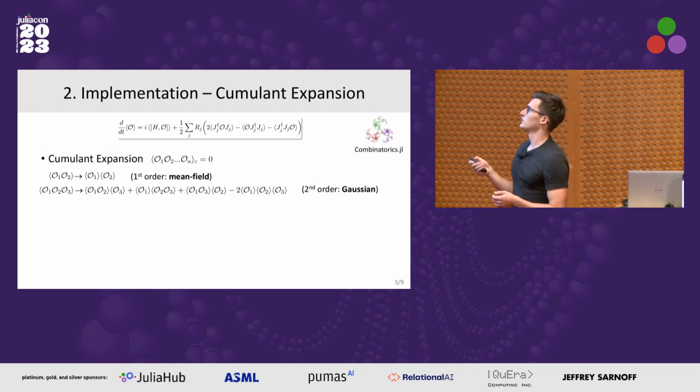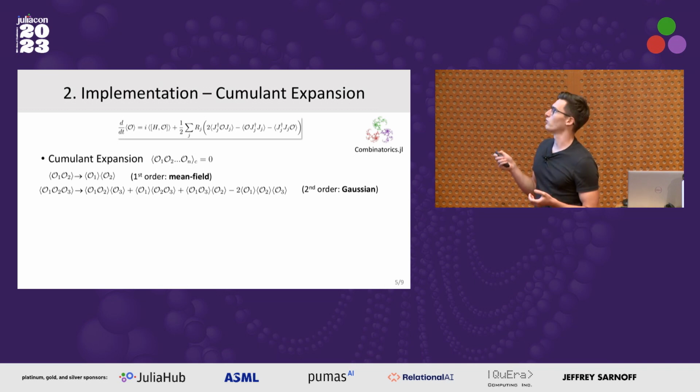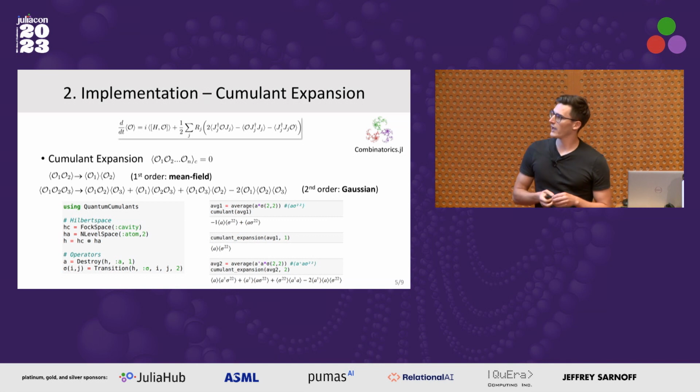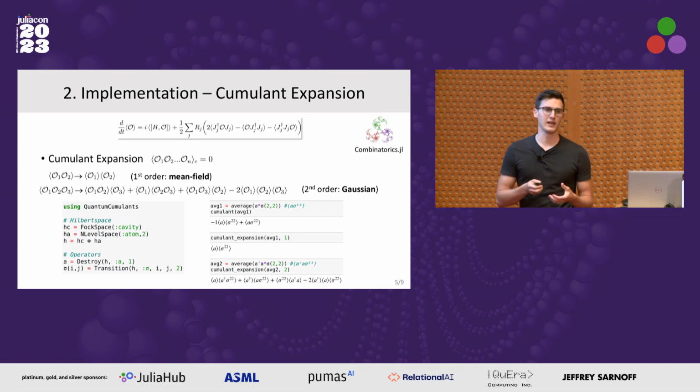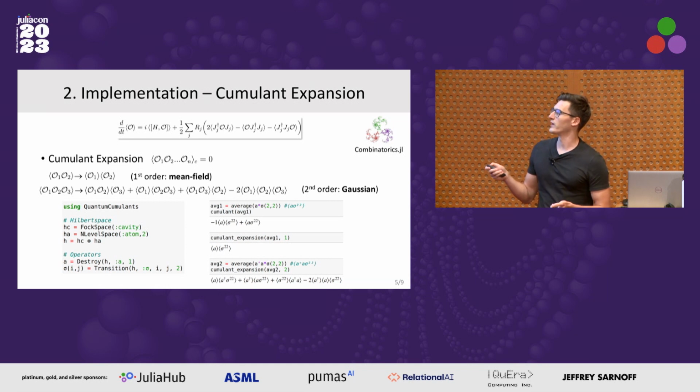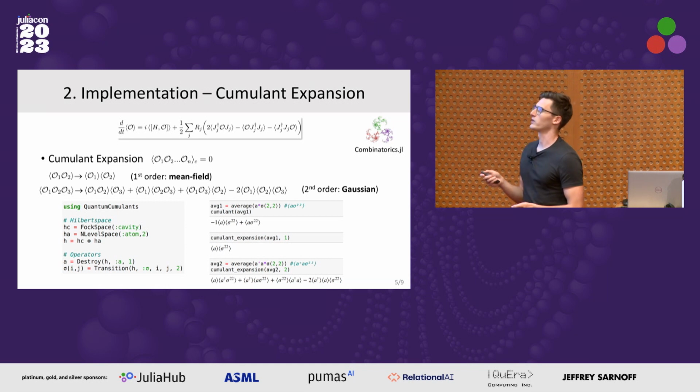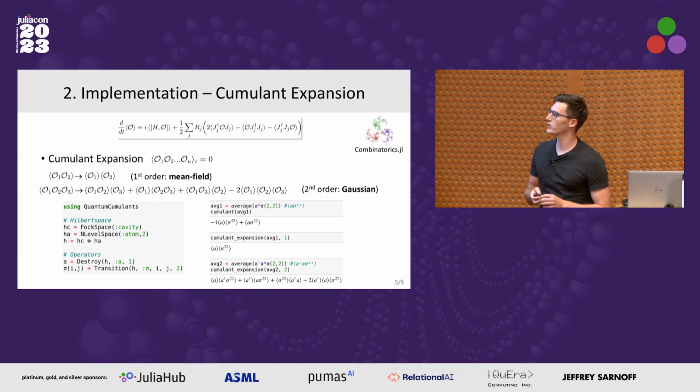So most of the time, this works really well for large open quantum systems. Okay, and again, within quantum cumulants, we have here the very same operators as before. We can just calculate this joint cumulant in the first line here, where you see that the joint cumulant of A times sigma 2 is just the average of the product of the operators minus the product of the 2 averages.